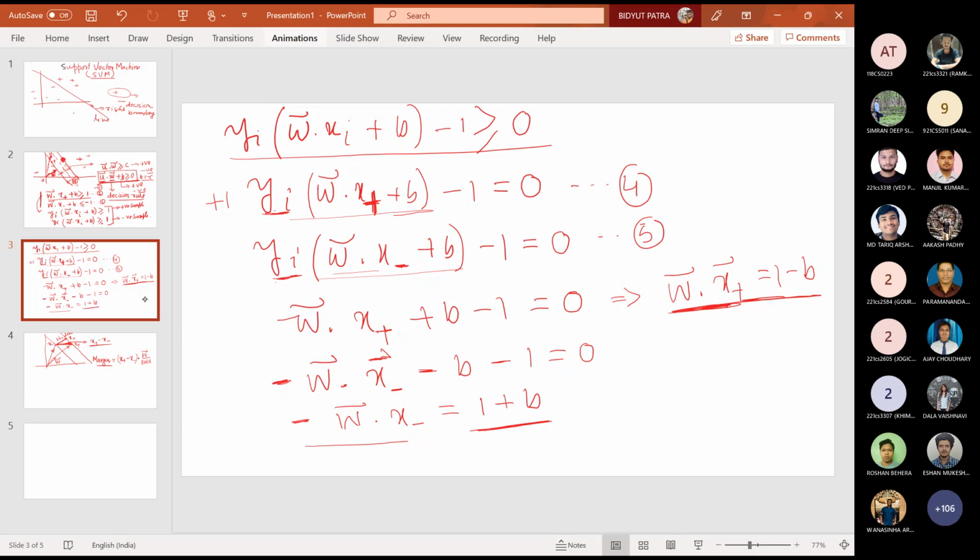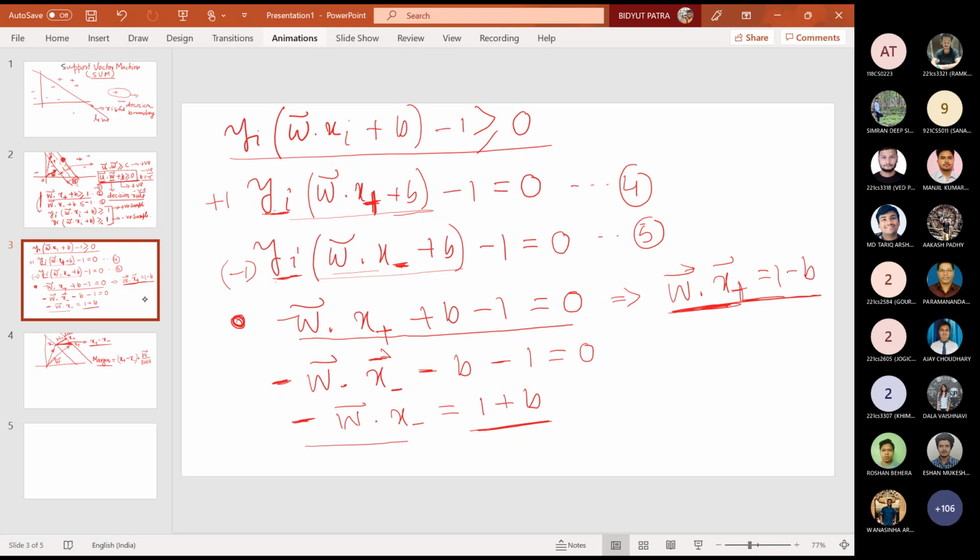Here you go. So here you put the value of yi equal to 1. So this will be the equation here. Now you will get w dot x positive sample equal to 1 minus b. Similarly, because it is a negative sample we are talking about, this will be w minus, because this is -1 and this will also be minus b.